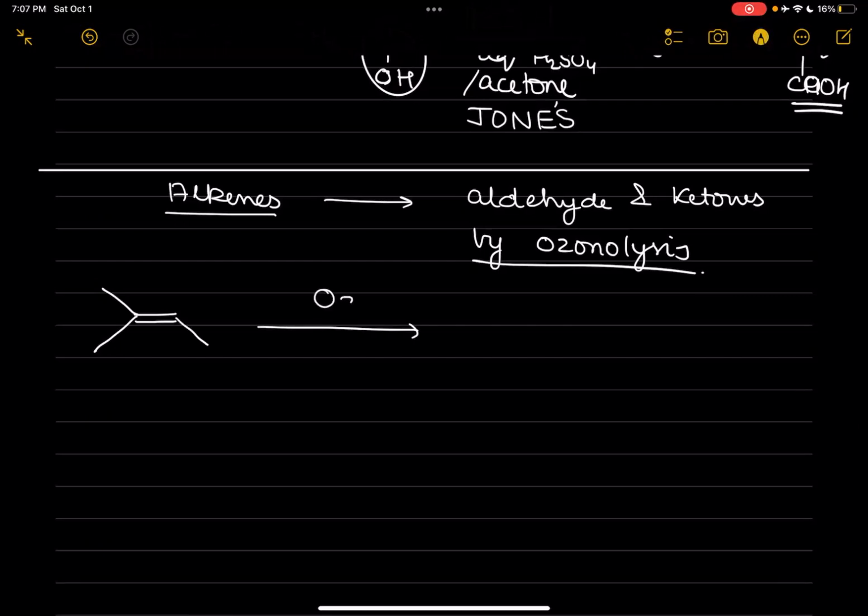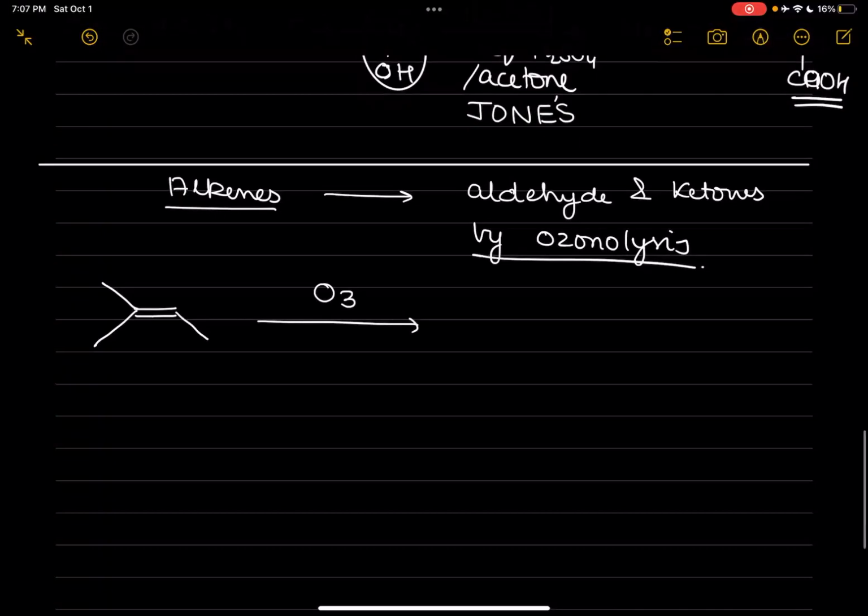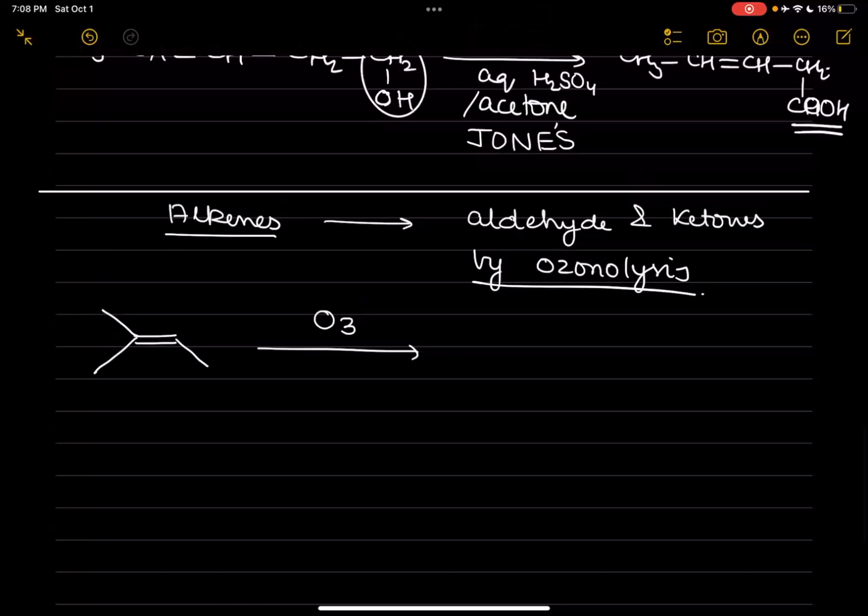There are two types of ozonolysis: the oxidative ozonolysis and the reductive ozonolysis. Actually, ozonolysis means cleavage of your double bond by ozone. Lysis means cleavage.